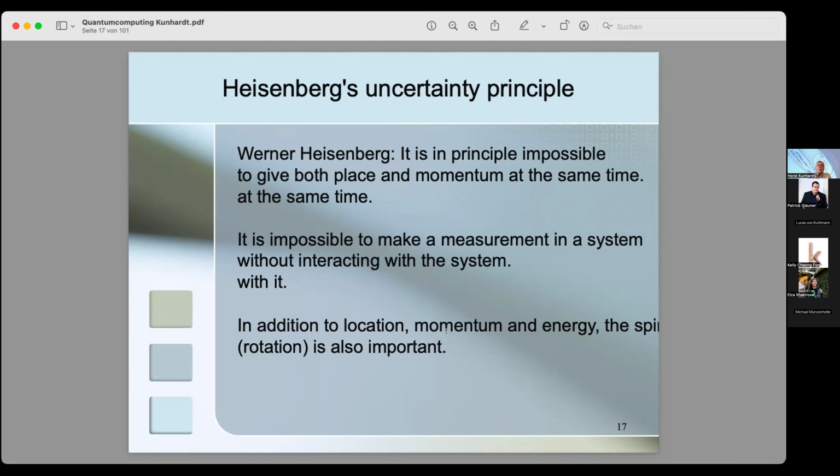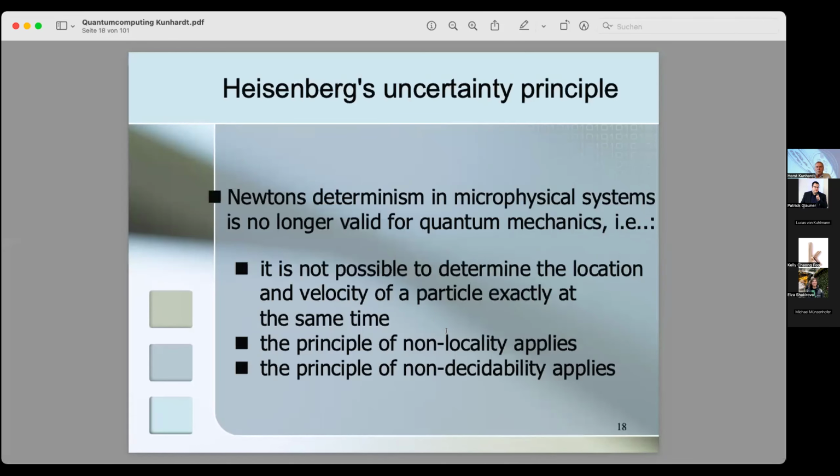In classical physics we are used to having laws given by Newton or by Galileo. So this is not a classical physical world, and therefore, again, it is not possible to determine the location and the velocity of a particle, of an atom, of an electron, of a photon, really at the same time.